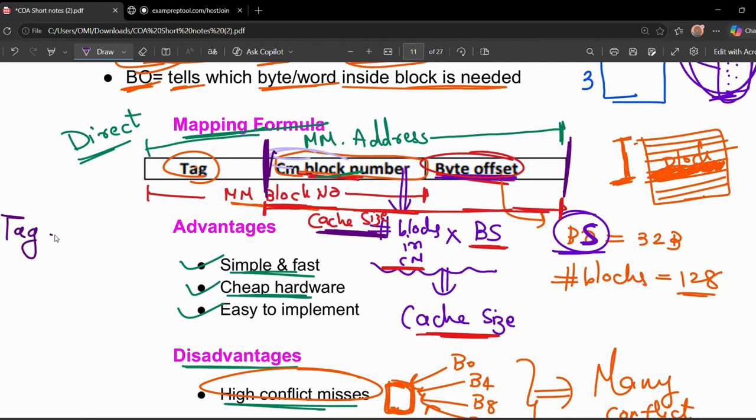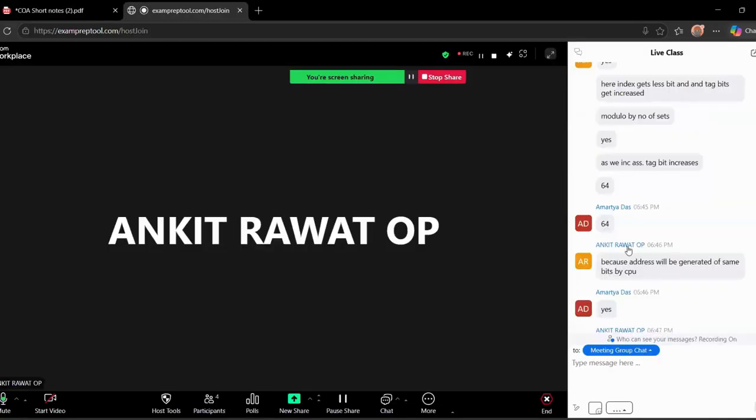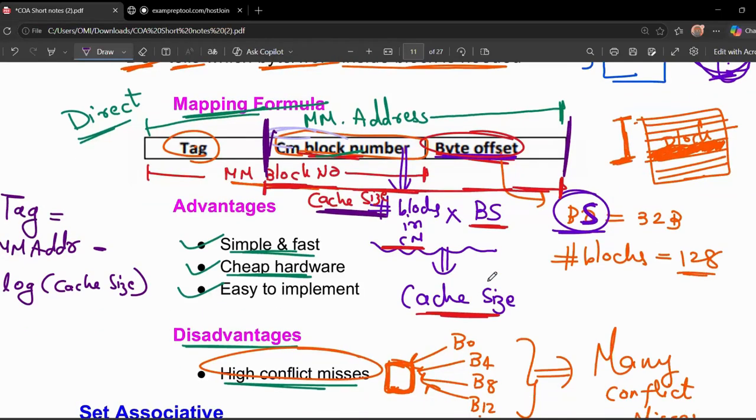So here tag will be main memory address minus log of cache size. Yes or no? Here in the direct mapping, yes.